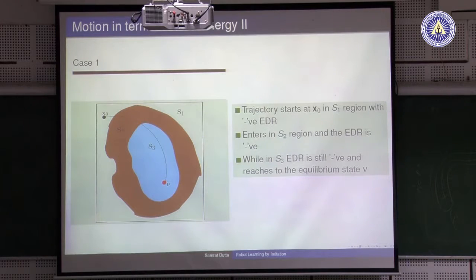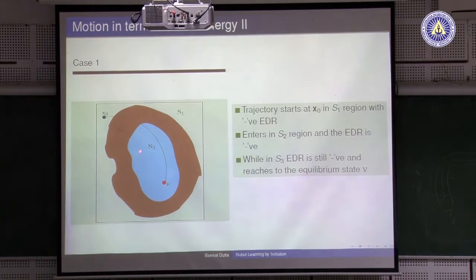Now, let us review what kind of motion profile can be there in the workspace in terms of energy changes in the system, right. So, now see here, the robot end effector starts from x 0 in the workspace in S1, then it enters this brown region, that is called S2, and then S3 in this blue region, and reaches here to the equilibrium point.